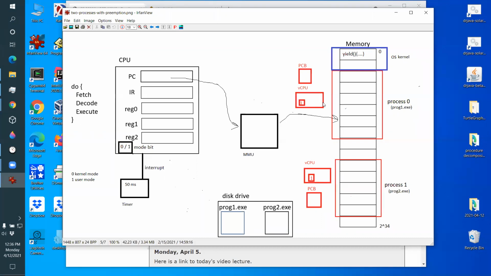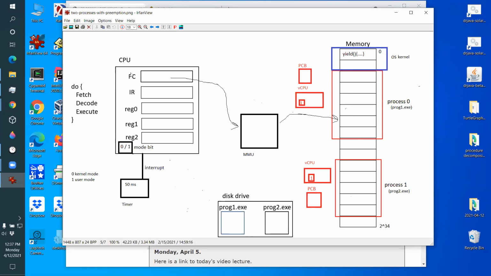And the virtual CPU, now, this is the part we didn't say anything about. How is it that this CPU over here, when it becomes this virtual CPU, can't see outside of that red box? And then when the timer interrupt comes and you switch back to kernel mode, in kernel mode, you can see everything in memory. We want to talk about how that works.